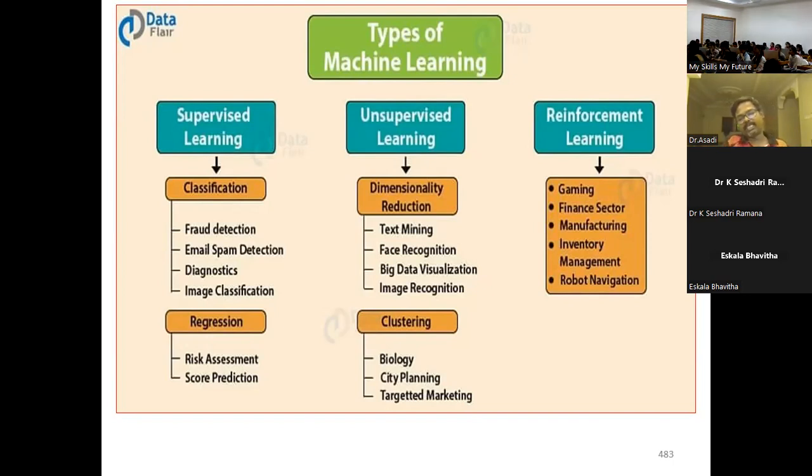Clustering, we use for biology data applications, city planning applications, and targeted marketing. Classification, we use for fraud detection, especially in the banking system, then email spam filters, and diagnostic image classification. In gaming, finance, manufacturing, inventory management and robot navigation, intelligent agents work with reinforcement learning in order to solve complex robot applications.